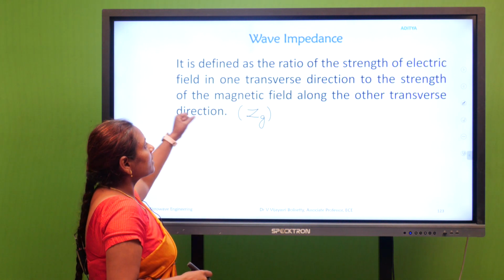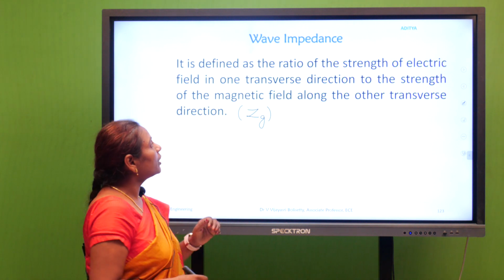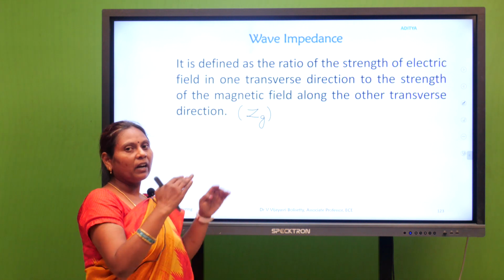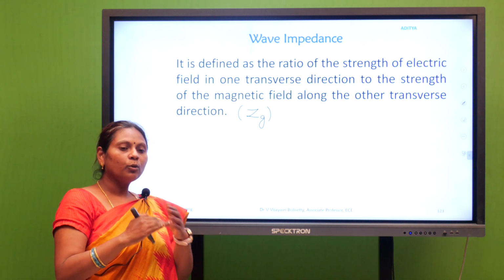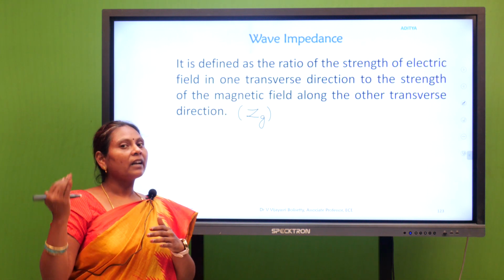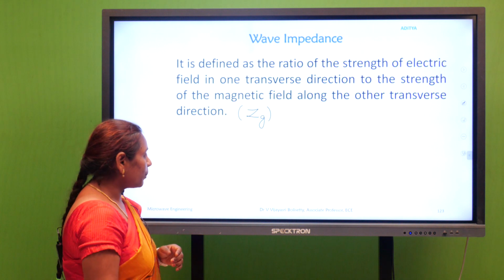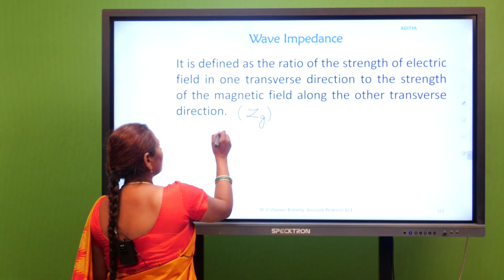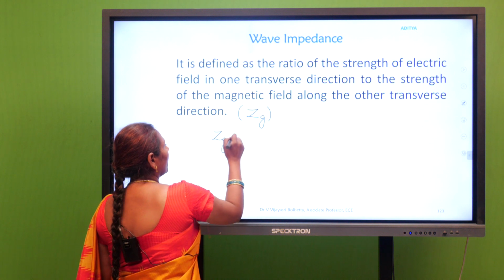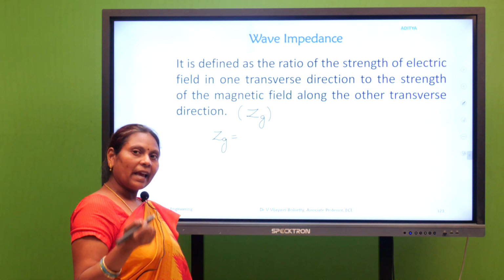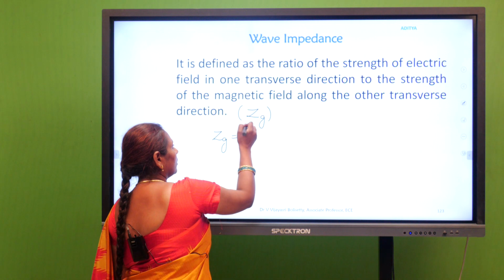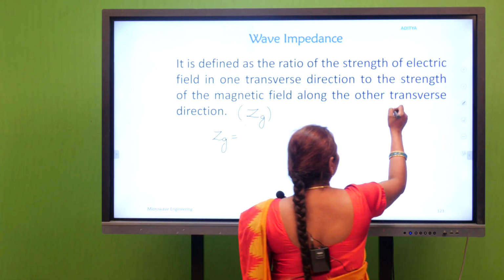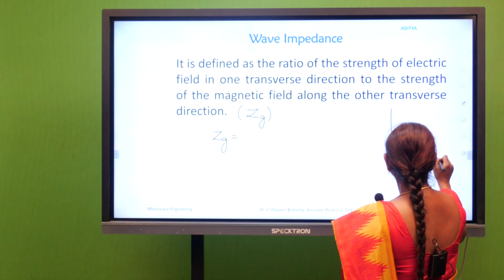So it is defined as the ratio of the strength of the electric field in any one transverse direction to the magnetic field in another transverse direction. For example, how we are going to represent this Zg is, if you take electric field in x axis, because we are taking the Cartesian coordinate system.